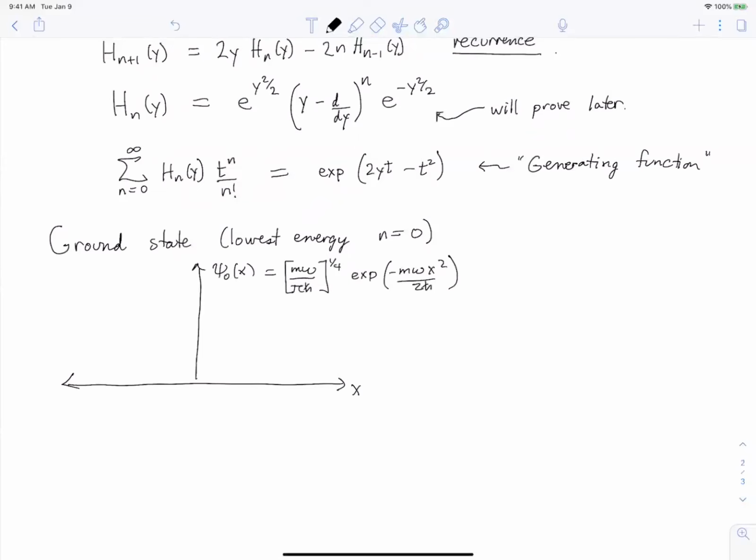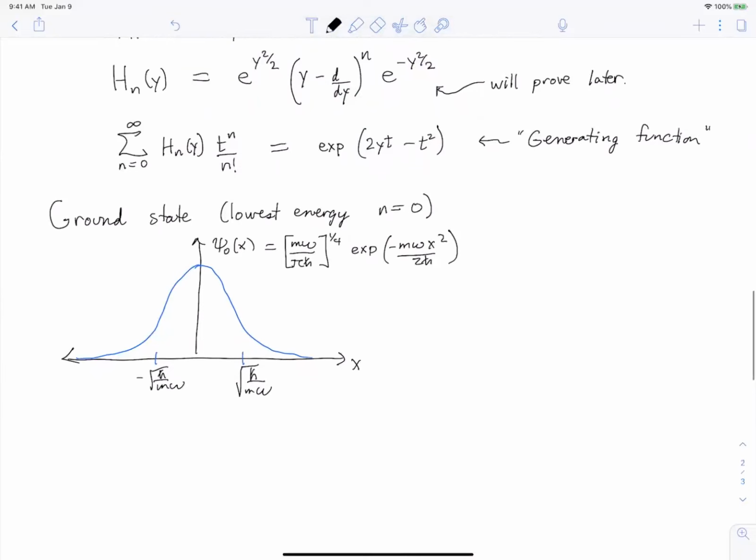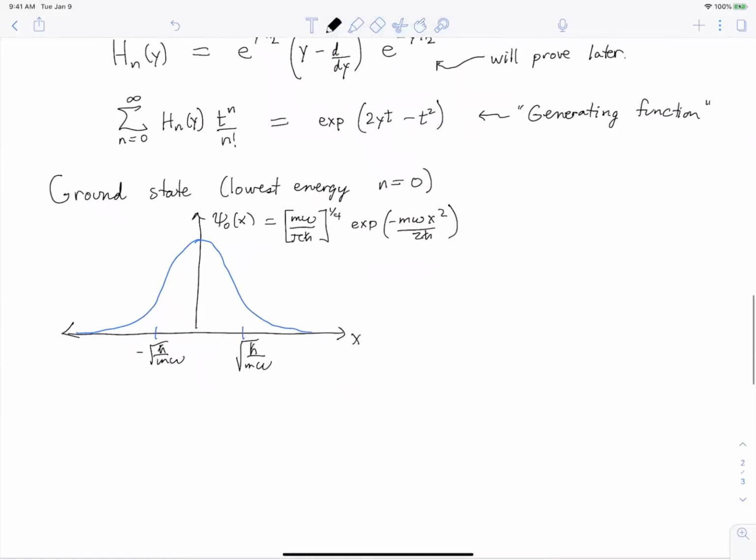Because the lowest Hermite polynomial is just 1, the shape is just a Gaussian. There are no wiggles in it. The points at full width have maximum at square root of h bar over m omega and minus square root of h bar over m omega, because that's the length scale in the problem.